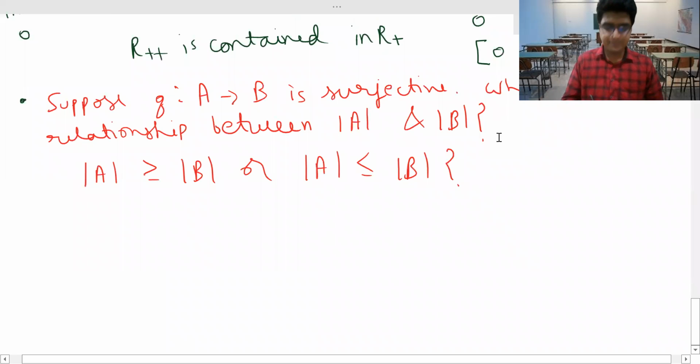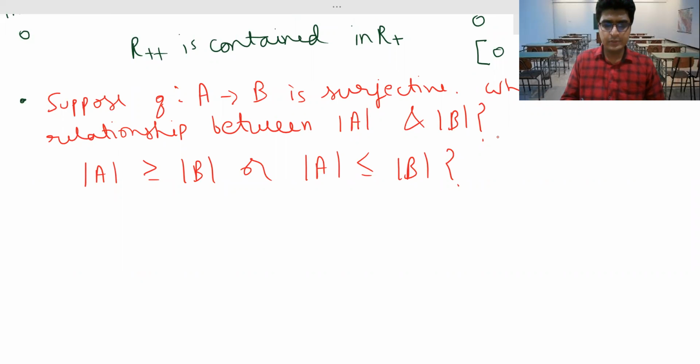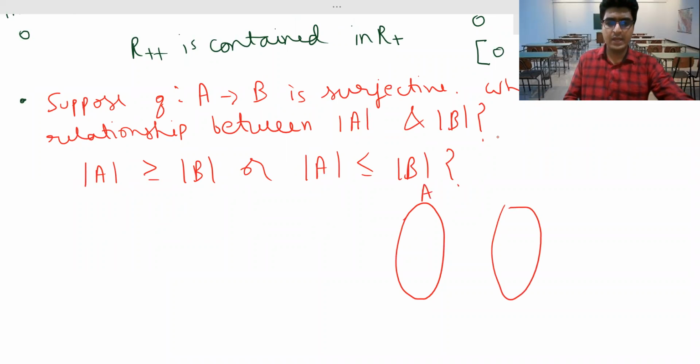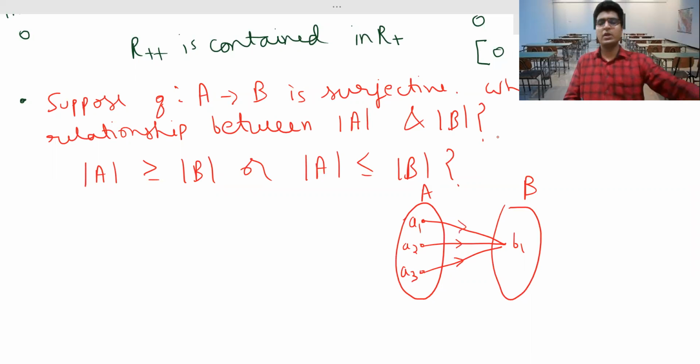All right, check karte hain. So we have set A and set B. If I take, let's say, elements A1, A2, and A3 in set A and only B1 in set B, I can map all of these elements in set A to B1.